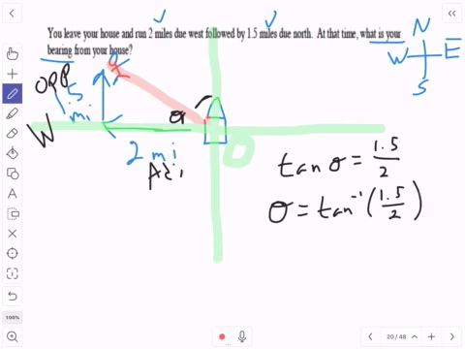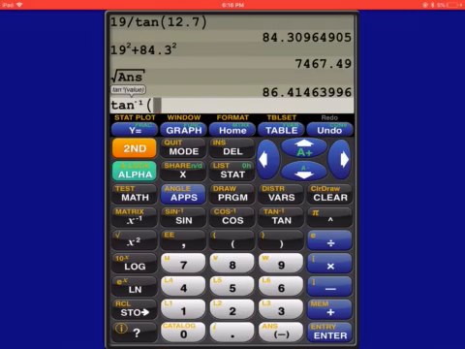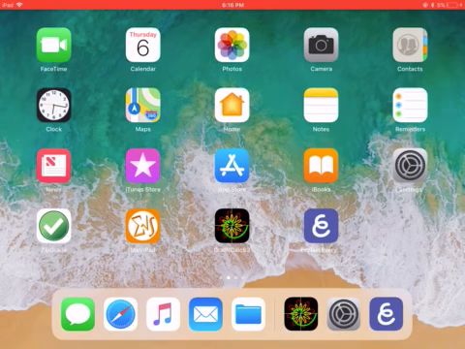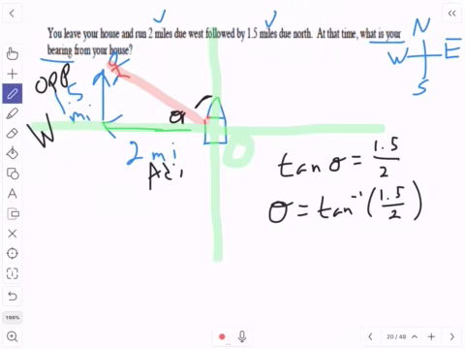Once we take the inverse of both sides, theta is equal to tangent inverse of 1.5 over 2. Now we can input that in our calculator. And when we do that, we get 36.8 degrees.